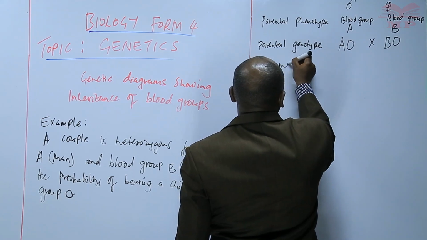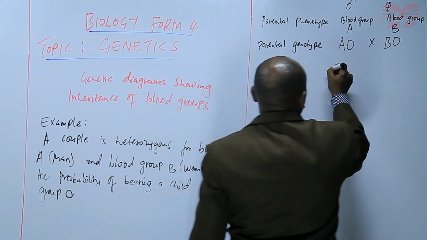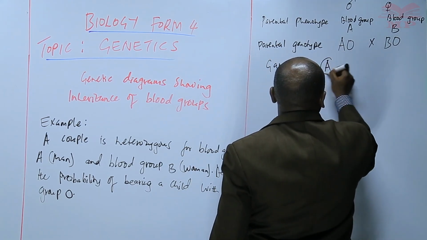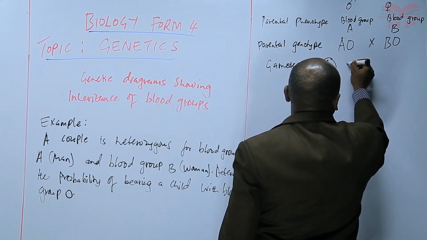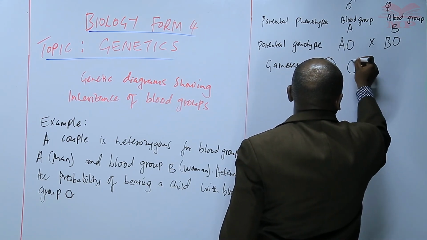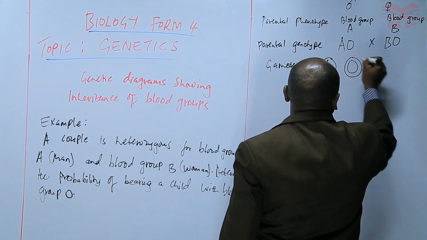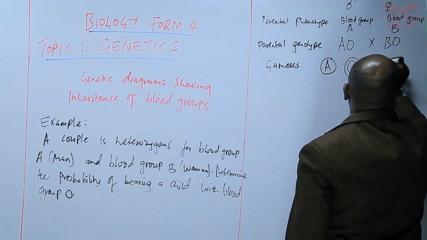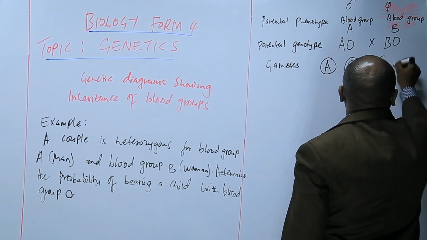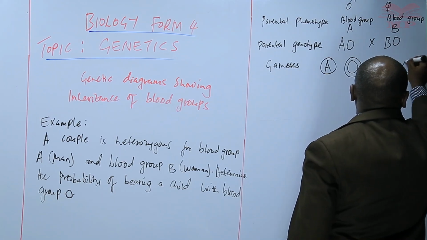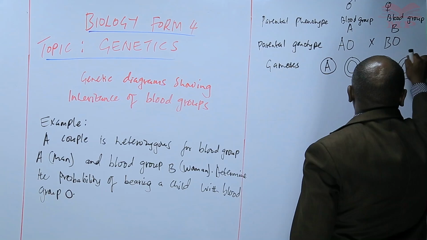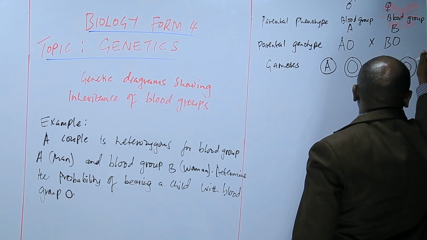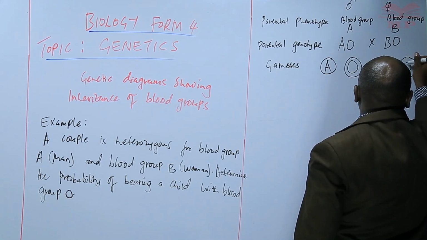Then the gametes: we have A and O, and then for B, we have B and O. We must circle the gametes and make sure that those gametes are not punctured.